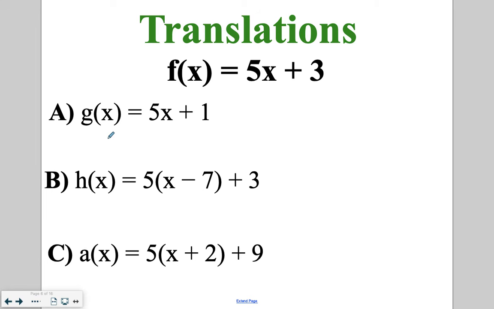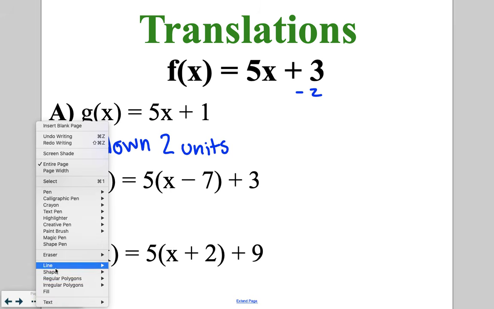To get from 3 to 1, that means you would be subtracting 2. So this would be a move of down 2. And then we're going to just put units because that's how we call the measurement on the graph.